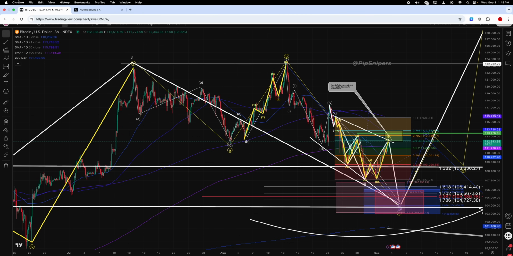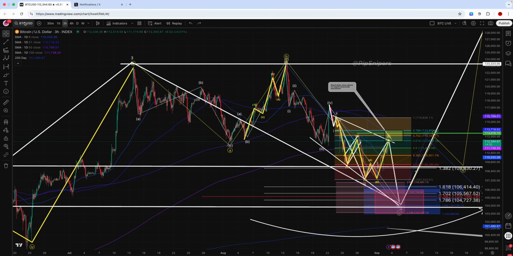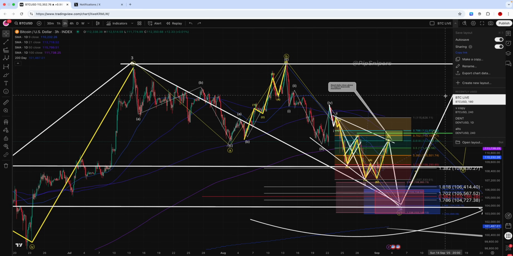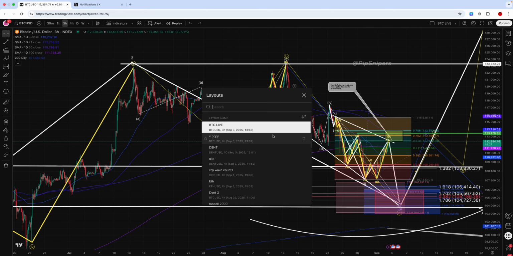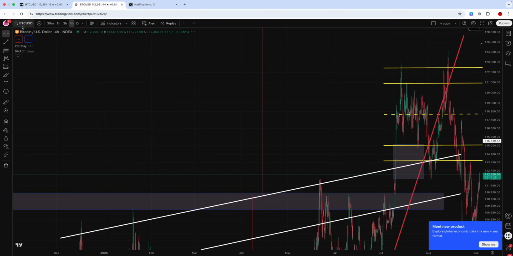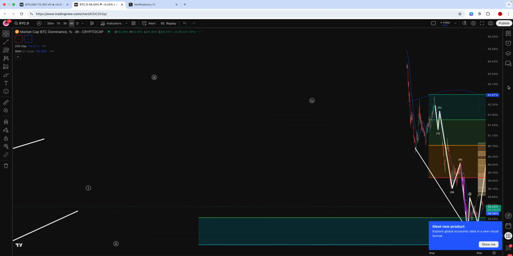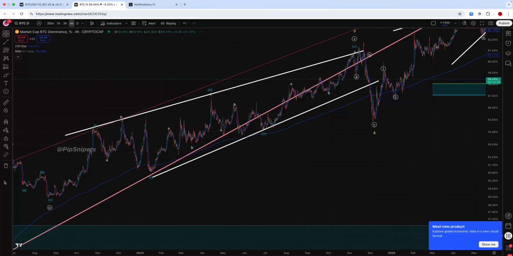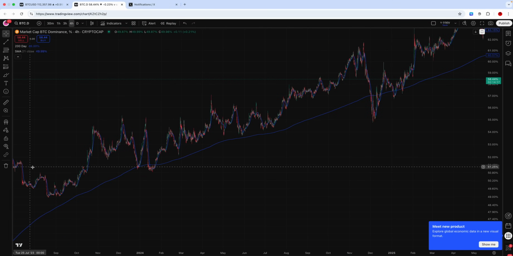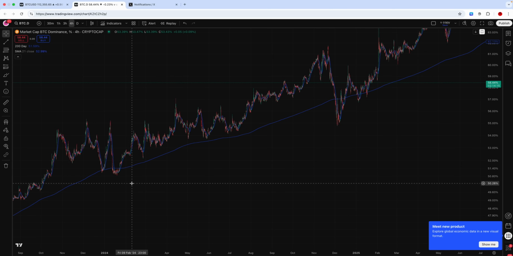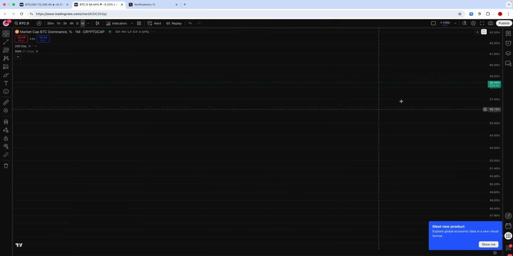But the reason for that is because of Bitcoin dominance, right? Bitcoin dominance has been going up for almost 3 years. We've been in an uptrend. Let's delete everything on this chart over here, and let's go to the monthly chart.